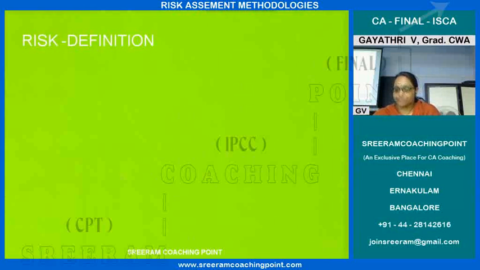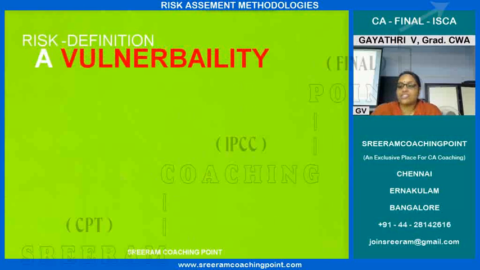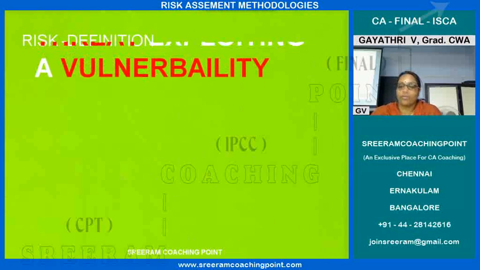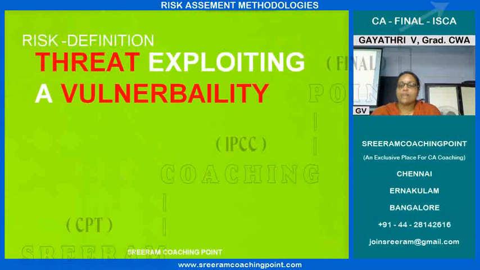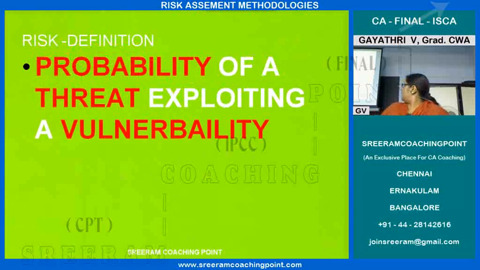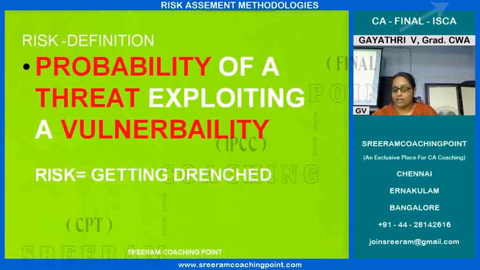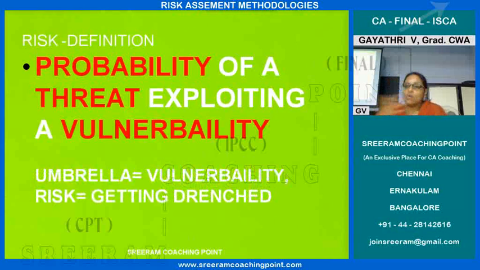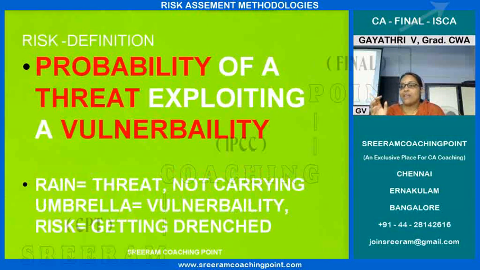Now, risk definition means probability of a threat exploiting a vulnerability. Now, what is a threat? You are going out. If rain is going to pour down, that is the threat.